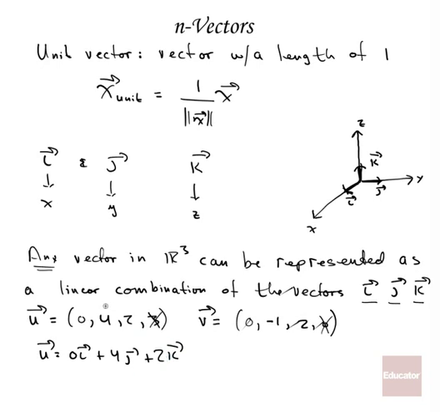So all I've done is I've taken this vector and I've represented it. That means I move 0 in this direction, I move 4 in this direction, and I move 2 in this direction. And that's all it is. That's all these unit vectors do. They are sort of a frame of reference that allows any vector in R2 or R3 to be represented as a linear combination, a sum of these vectors. We'll get a little bit more into this later when we actually break things up.